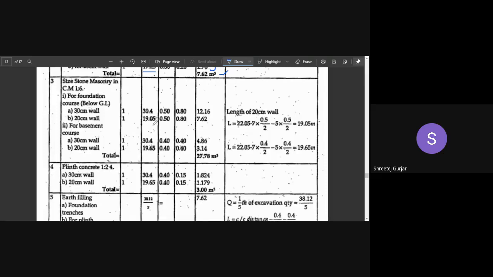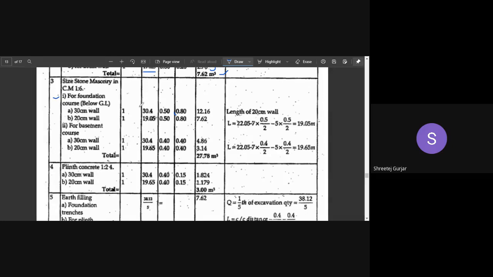So we have to calculate separately for 30 centimeter wall and separately for 20 centimeter wall. So first is your foundation, below your ground level. I have told you the width is 0.5 and the height is 0.8, right? Height is 0.8, width is 0.5, and the length for 30 centimeter wall, directly we substitute, that is 30.4.